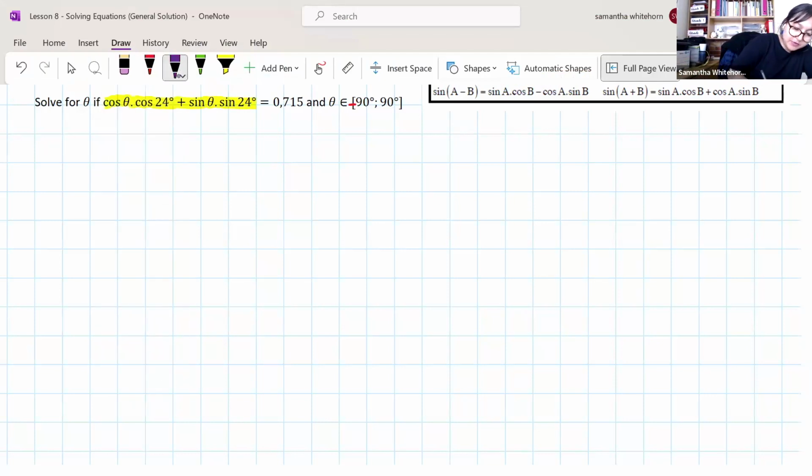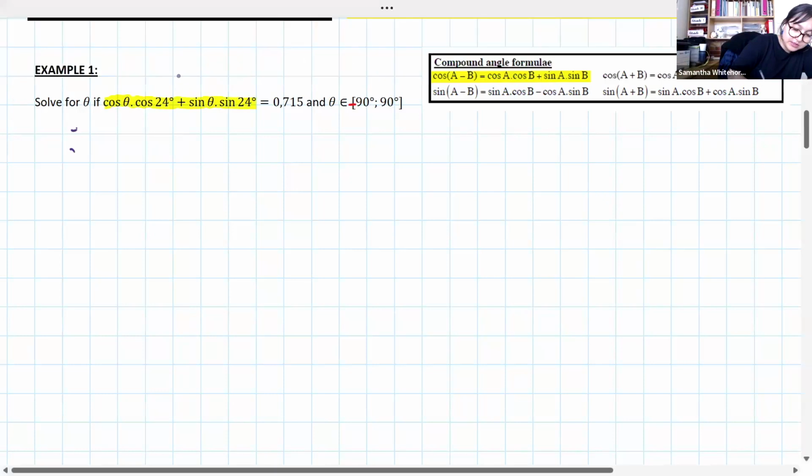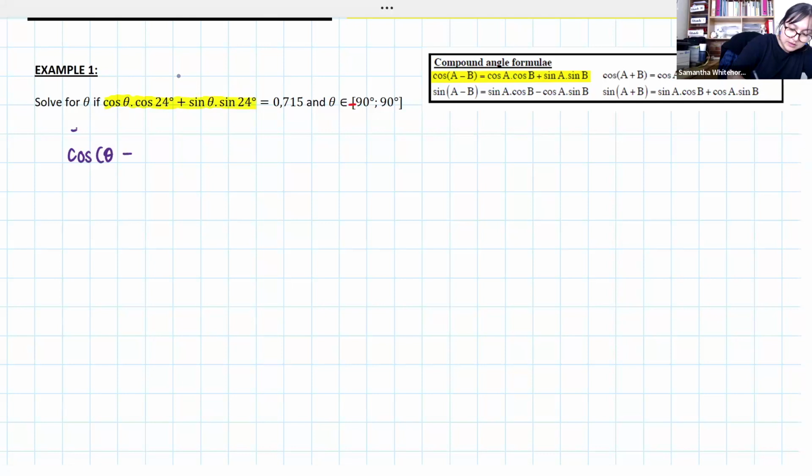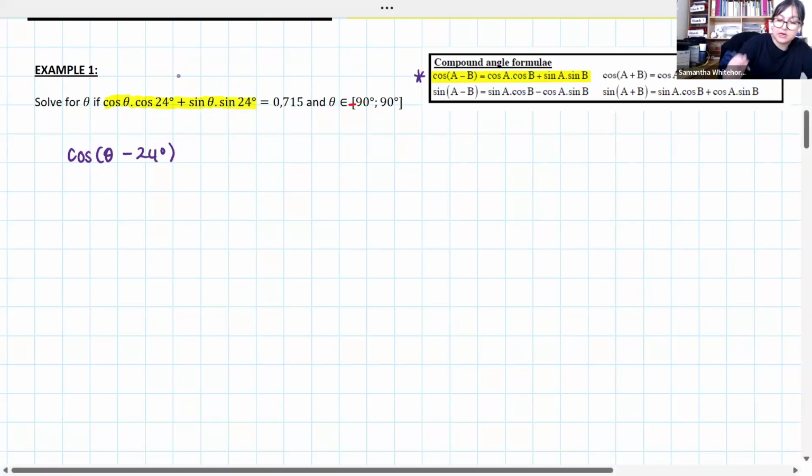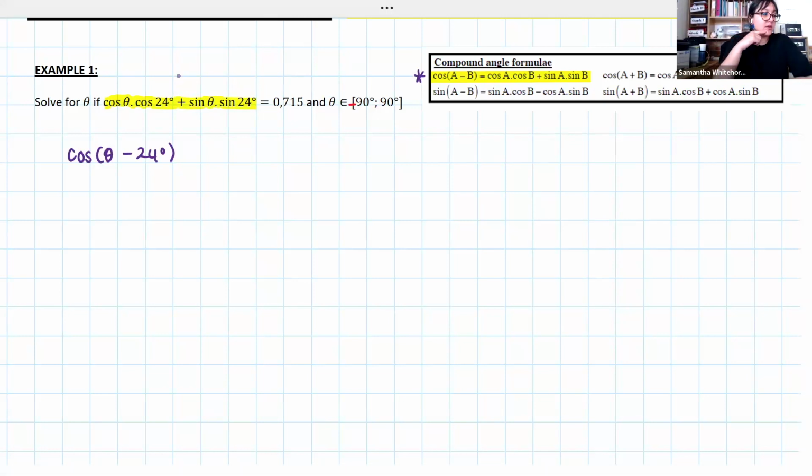So the cos A minus B formula essentially says that we can reduce this to cos of theta minus 24 degrees. If you look at the formula that I've highlighted there in our compound angle formula, that's what it reduces to. So once we've simplified and reduced that compound angle expression to just one single term, we know it's still equal to 0.715 because all you've done is taken this left-hand side and simplified it. You haven't changed its meaning, you've just simplified it.